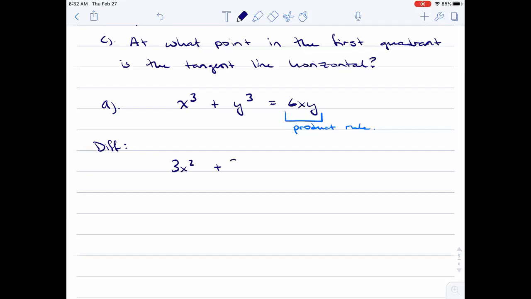It's going to look like 3y squared, and then times the derivative of y, which from now on we'll just write as y prime. So whenever you take the derivative of the y, you just follow it up with a little y prime on the outside. Or if you've just got a y, then the derivative of that y is just y prime.